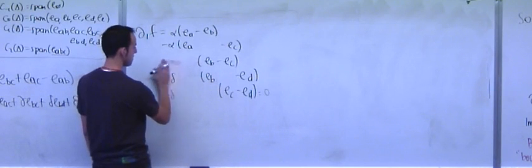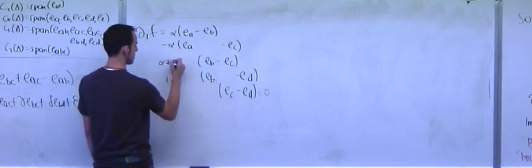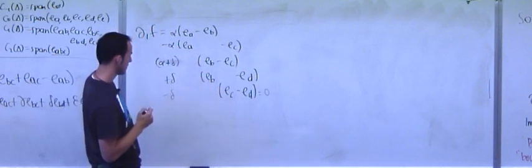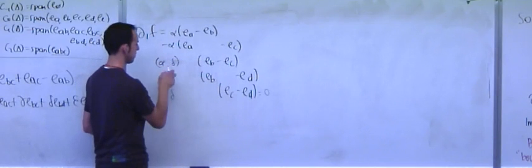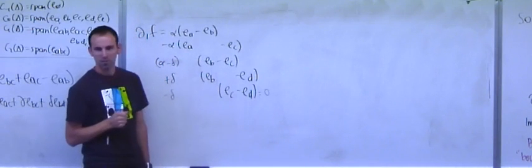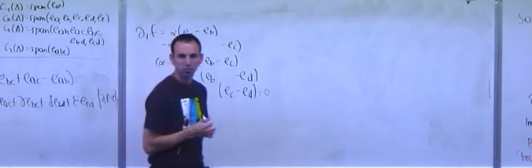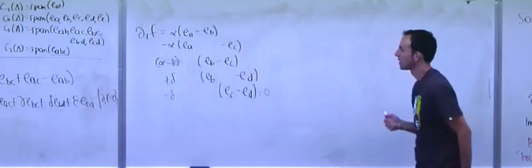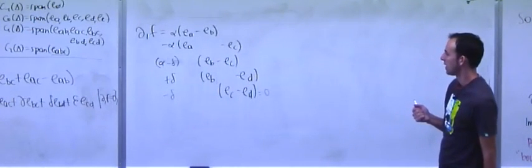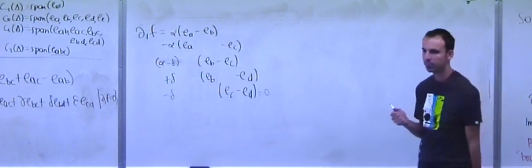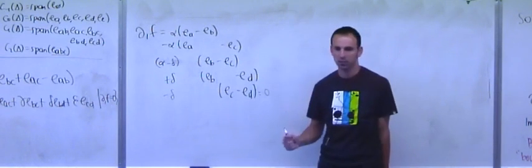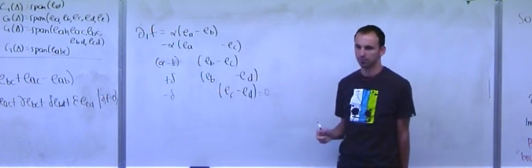Is that right? Alpha minus delta. Gamma needs to be alpha minus delta for this to be 0. And this checks out. If you choose any alpha and any delta, and you compute this, you get 0.